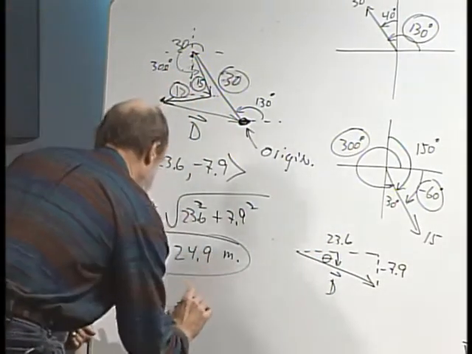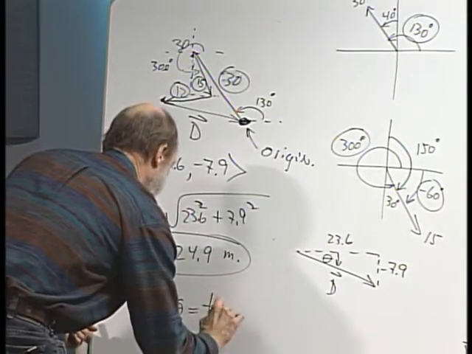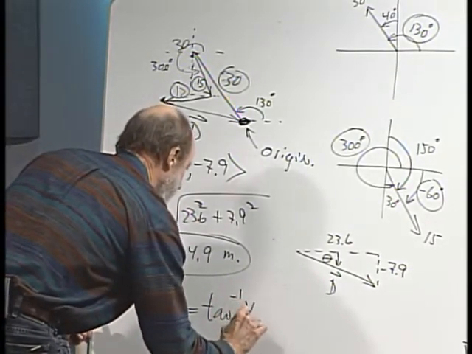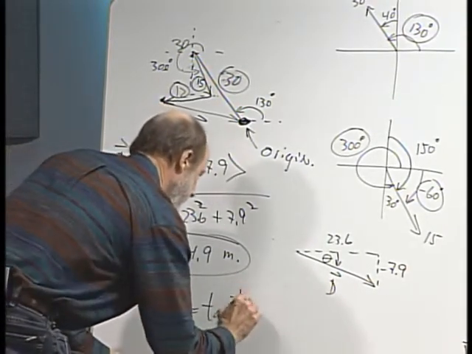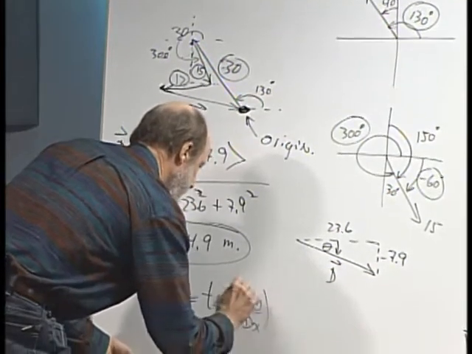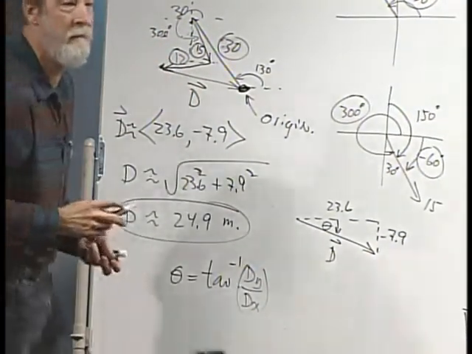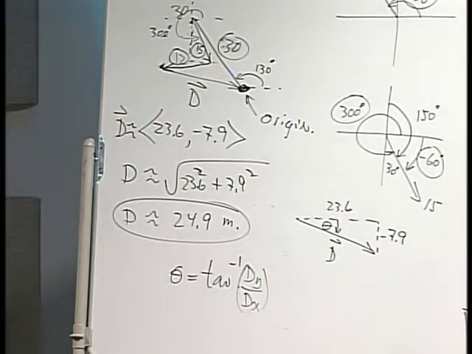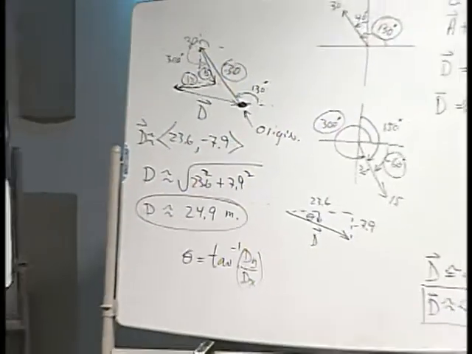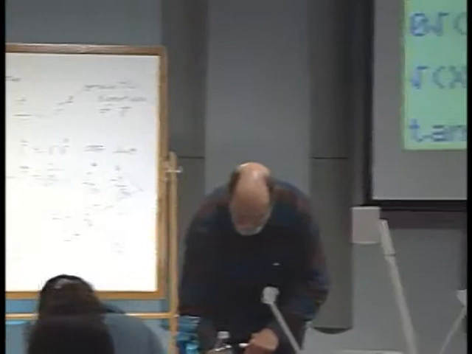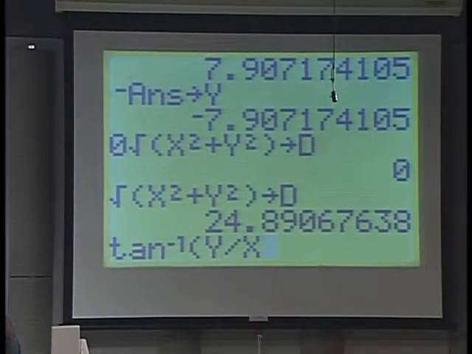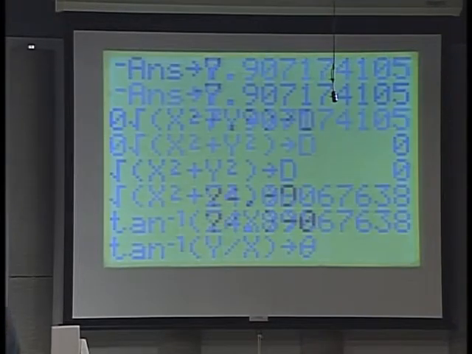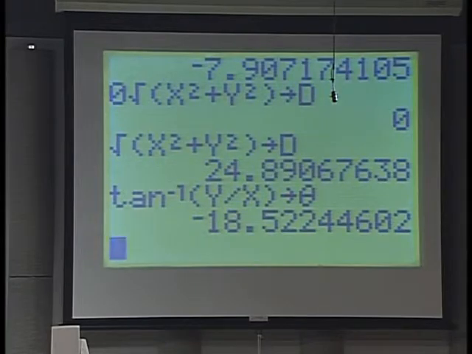So theta is going to be your inverse tangent of your y reading over your x reading, dy over dx. So we're going to go inverse tangent of y divided by x, and I'll store that in memory cell theta: minus 18.5 degrees.